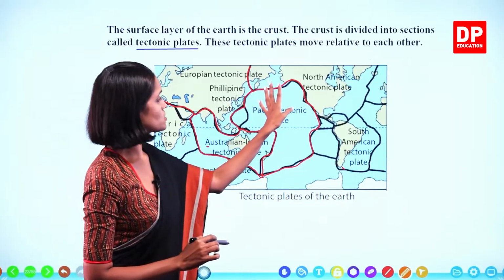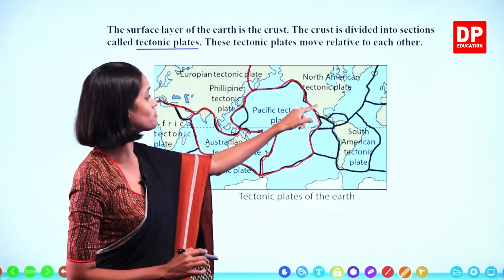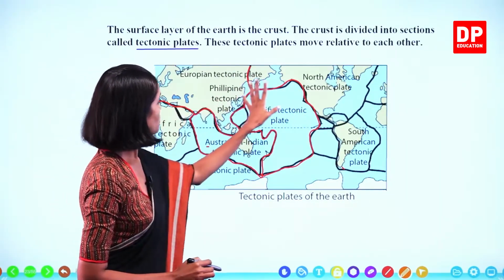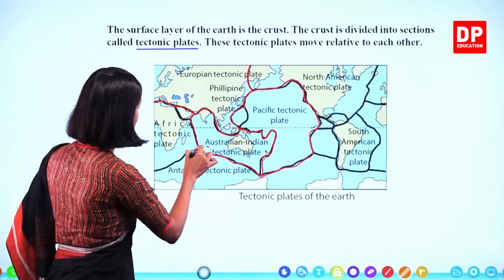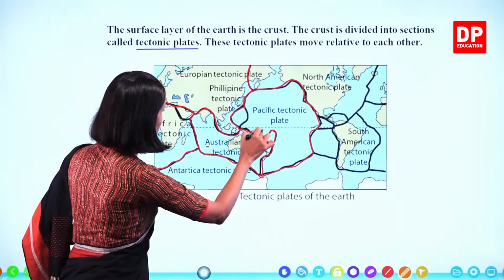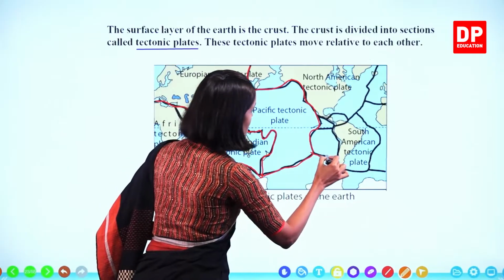Even by looking at this picture, you can understand most of these tectonic plate margins, these black color lines, are in the ocean area. Now here, this is one margin. Now all these red ones I colored are also margins of tectonic plates.